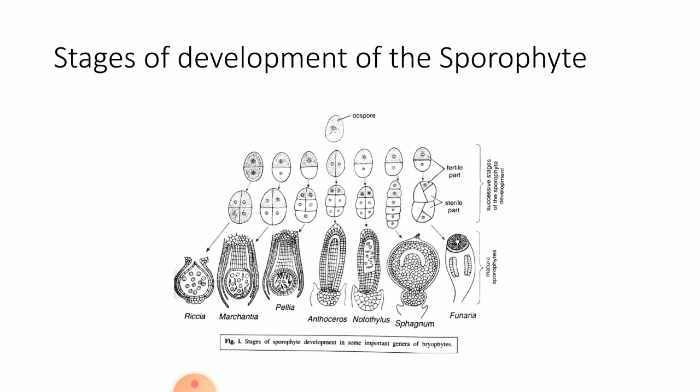Now, the sporophyte of Pellia. Here, the hypobasal cell does not take part in the development of the sporophyte. The epibasal cell divides and differentiates into outer amphithecium and inner endothecium. The amphithecium forms the capsule wall and the endothecium acts as the archesporium. The upper half of the epibasal cell forms the capsule and the lower half forms the foot and the seta.